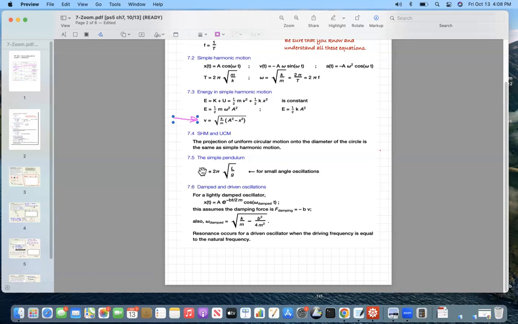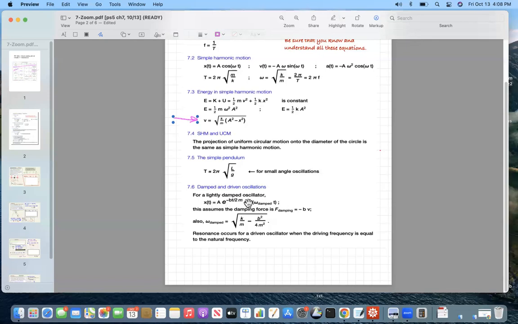And then finally, the most difficult, most advanced section in chapter 7 is on damped oscillations and driven oscillations. For a damped oscillator, there's a formula in the book for the position as a function of time. It's not just a cosine omega t oscillation form, it's also multiplied by an exponential factor, e to the minus bt over 2m.